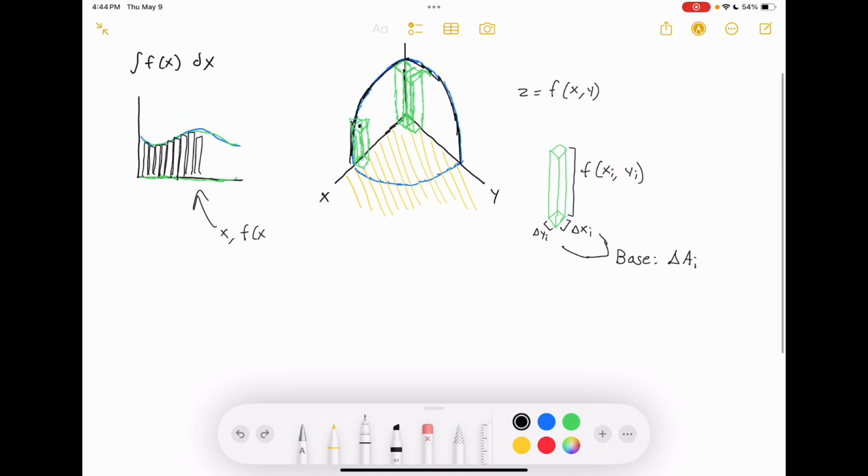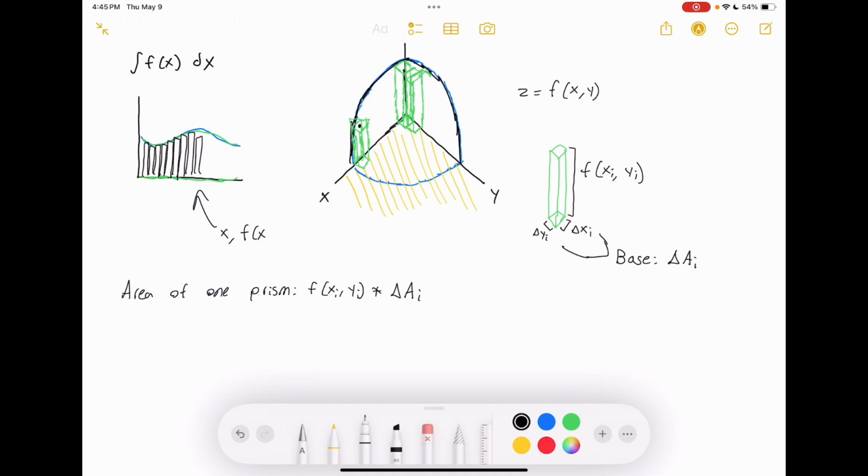So we see here that what this is really doing, the area of one prism, is f of x, y times our delta A: f of x sub i, y sub i, times delta A sub i.